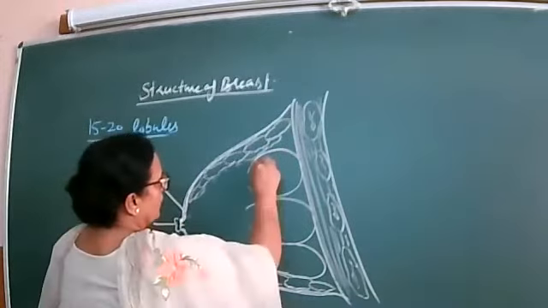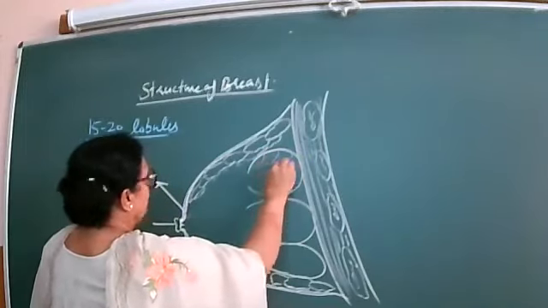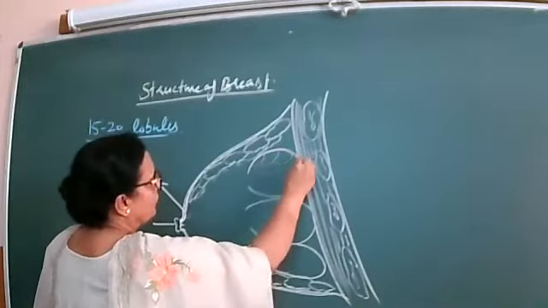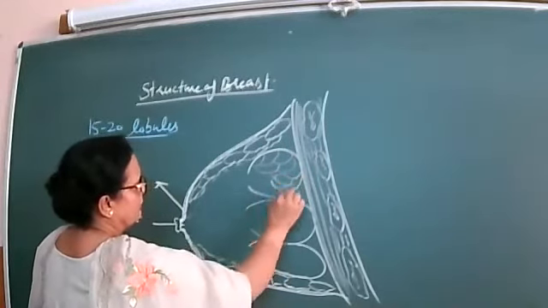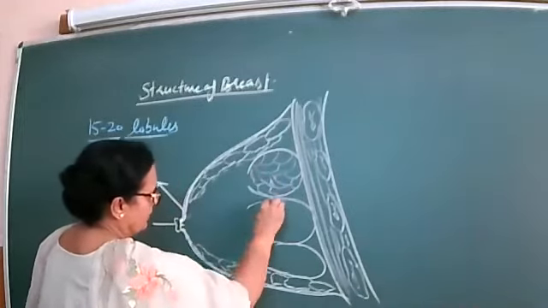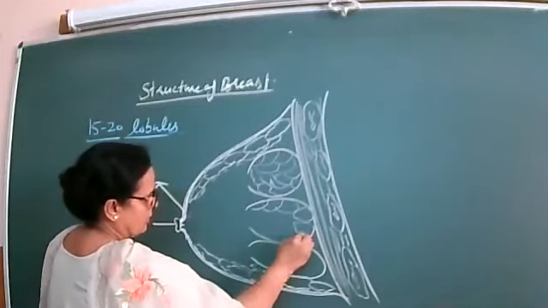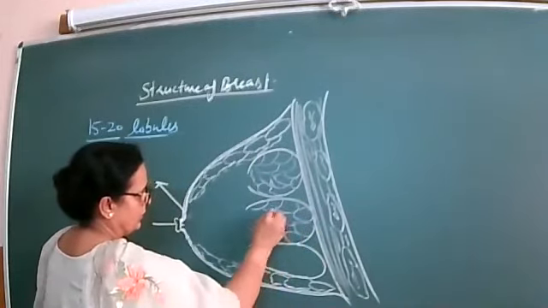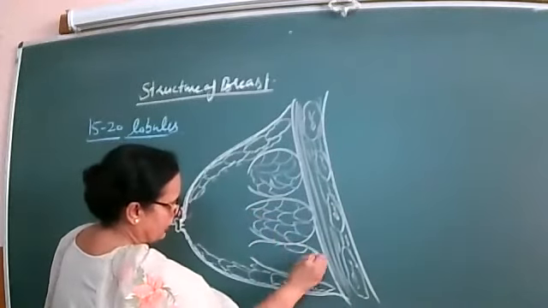Inside the lobules are the cells. These are known as alveolar cells, and these are secretory in nature. They secrete the milk. So these are the mammary glands.